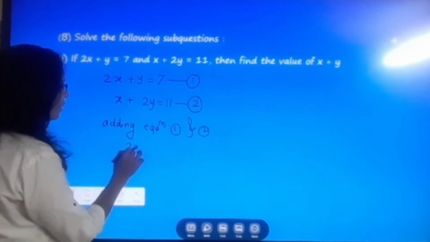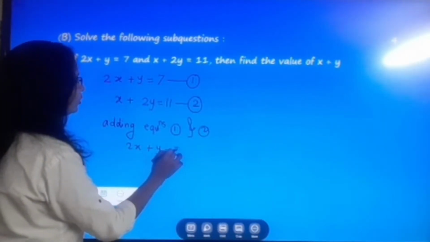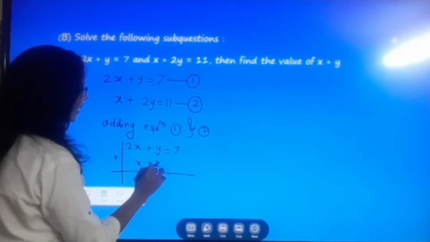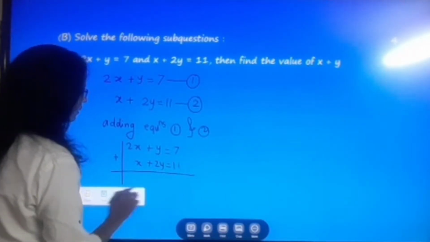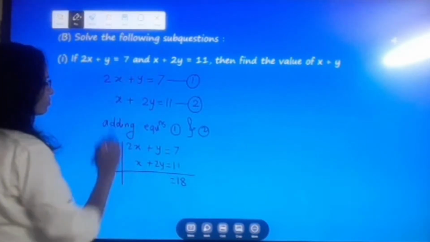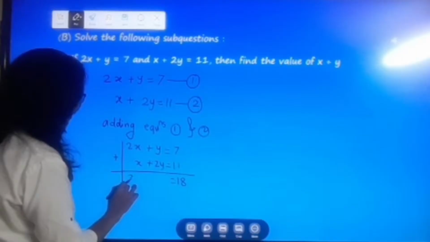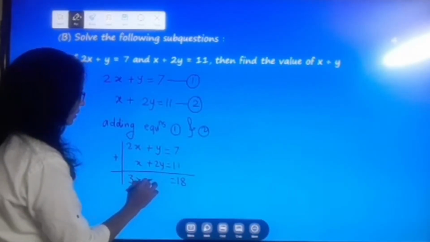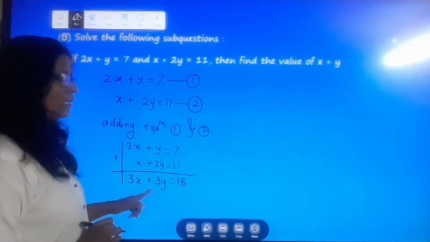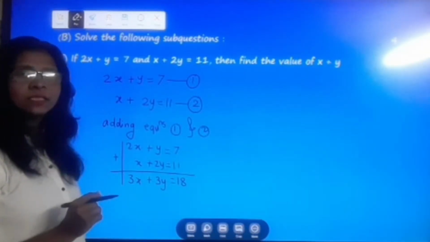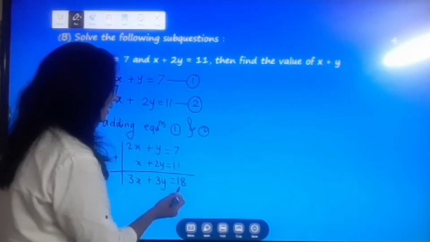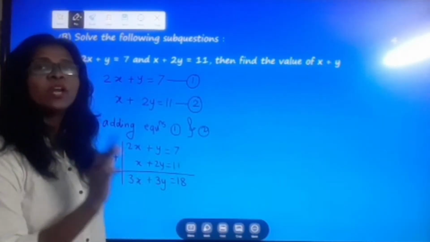So 2x plus y is equal to 7, plus x plus 2y is equal to 11. So here, students, it is 18. Then 2x plus x is equal to 3x, plus 3y is equal to 18. Now each term has the coefficient 3, 3, and 18, which are in the table of 3.